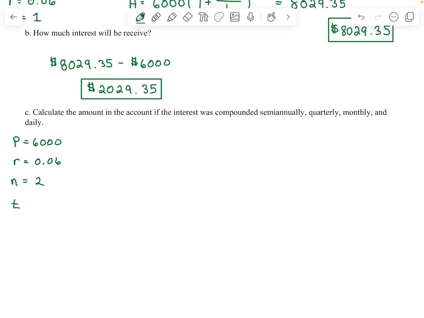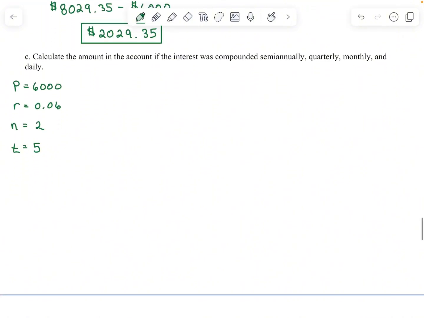And T is still 5. So we have the amount in the account will be 6,000 times 1 plus 0.06 divided by 2. And then we have 2 times 5.